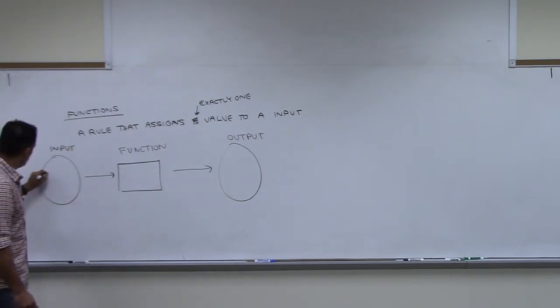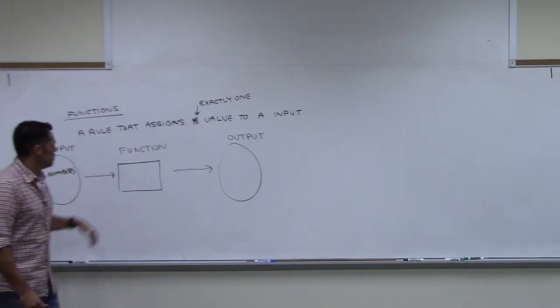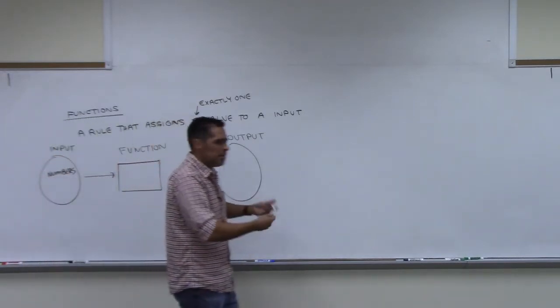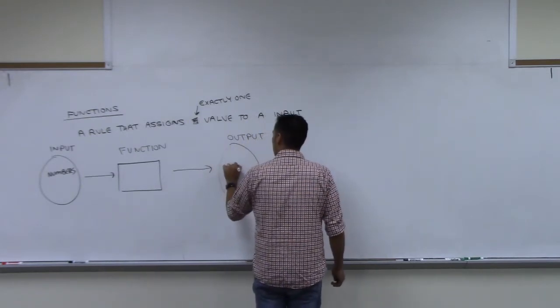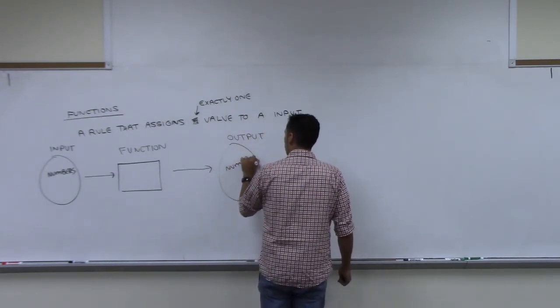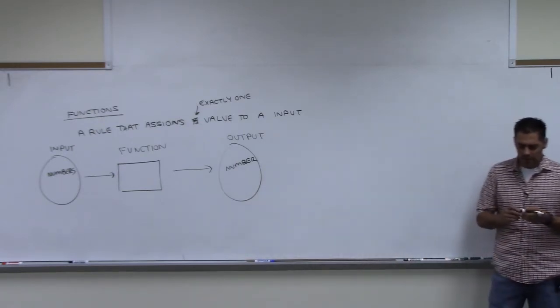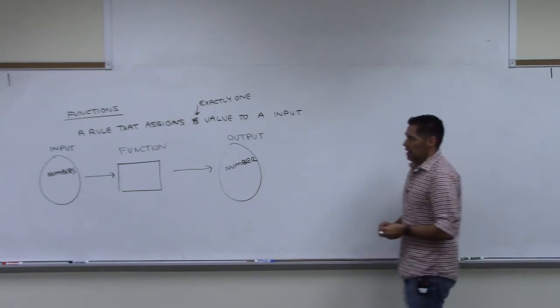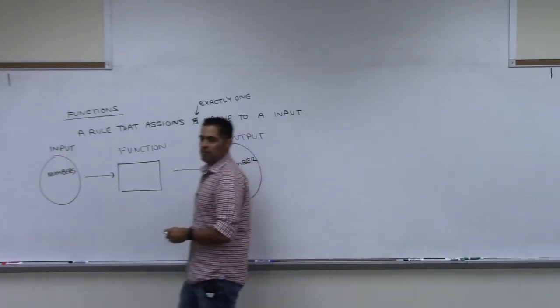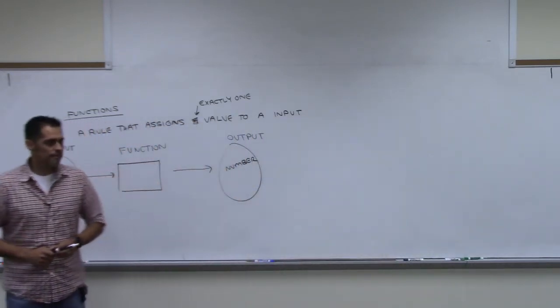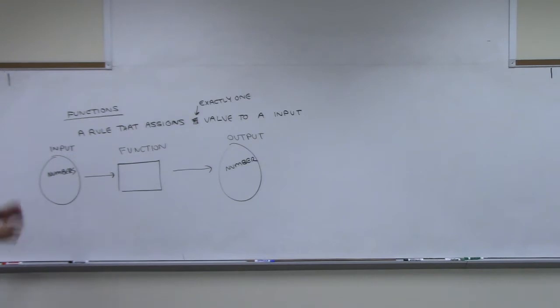A number goes through the function, gets transformed somehow, and you get another number out. Number to number. There are functions that don't do that. There are functions that take in numbers and spit out things that aren't numbers. But for us, this is what we look at right now.